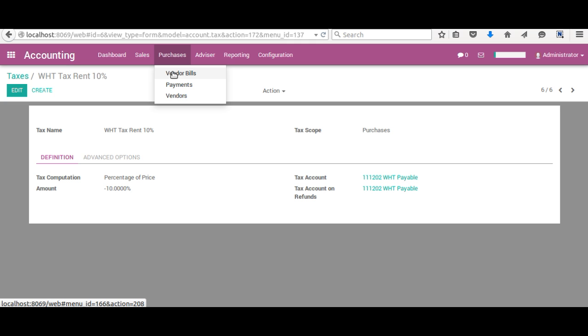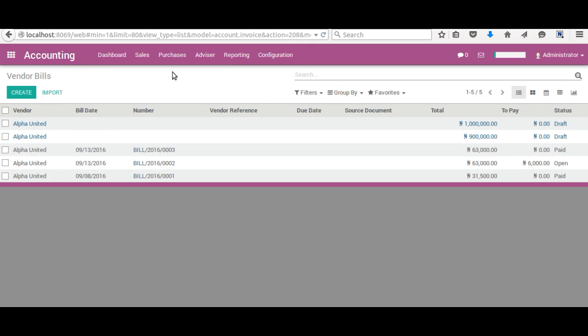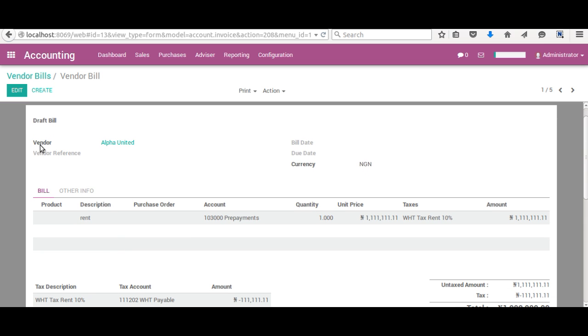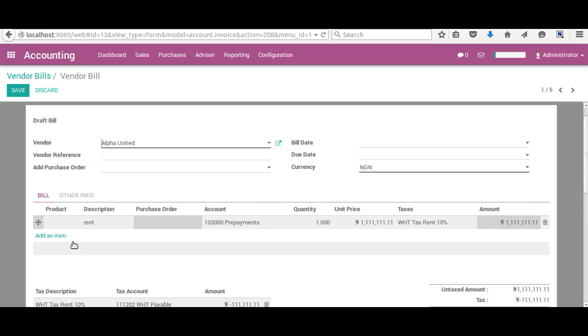So I go to purchases, I go to vendor bills. I've already created an example for us here, so I will use that to explain very quickly. Of course, you fill the vendor name, and then you come, let's put this in edit so that it looks like we're creating one fresh one.